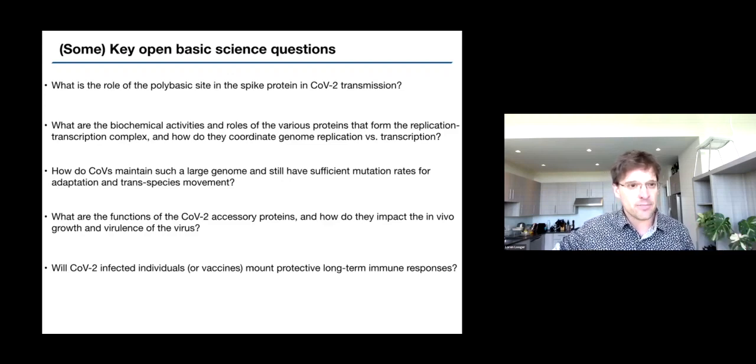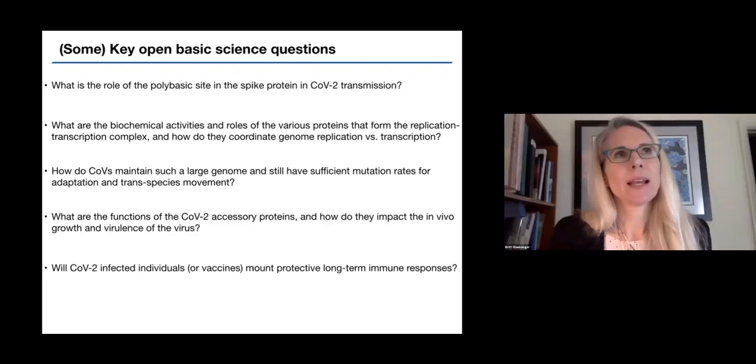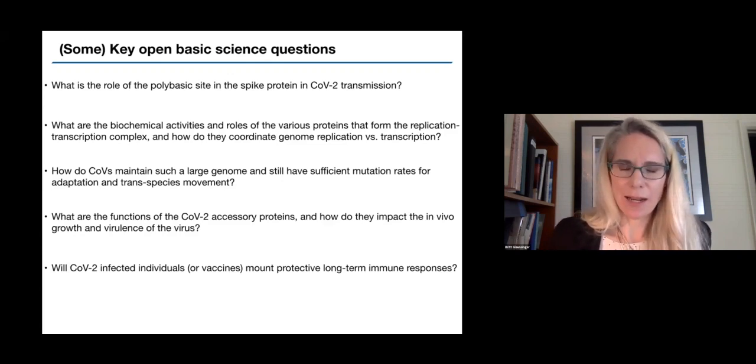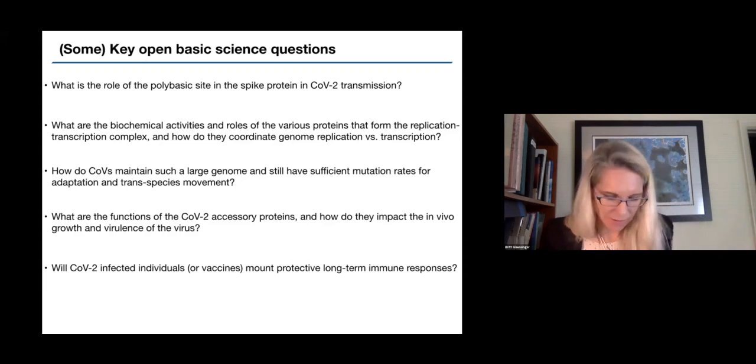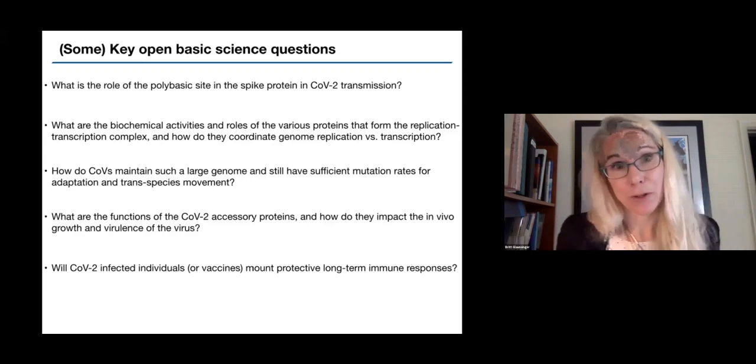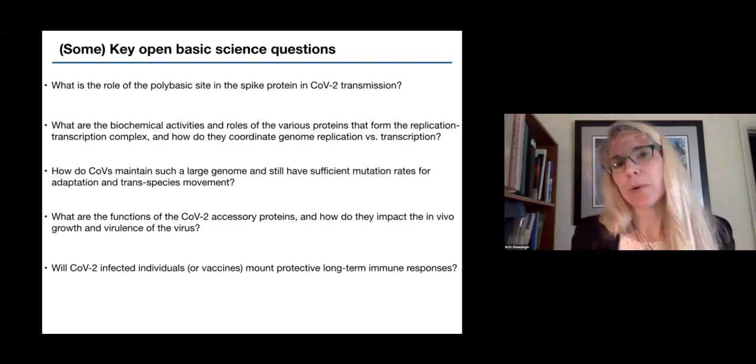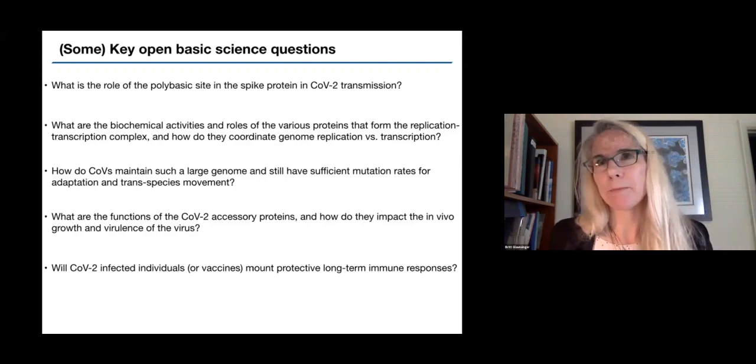So how much is known about the time course of expression of the various proteins? I would say that's probably pretty well known. I'm not going to be able to give you an answer off the top of my head as to exactly what that timing is, but it is certainly true that you are going to see a kinetic regulation there, at least in that the replicase proteins will be expressed first, of course, and the structural proteins are going to be expressed later.